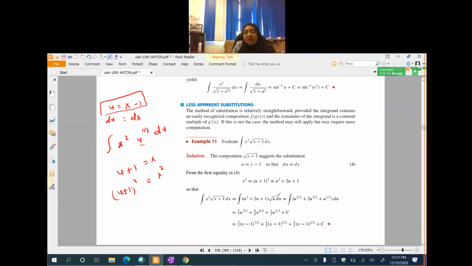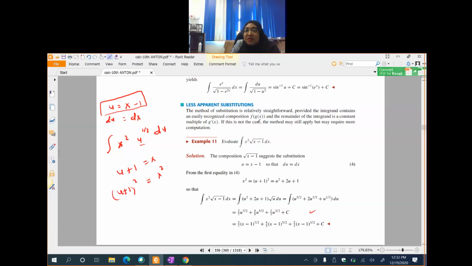Then you can multiply each of the components. So you get u to the power of 5 divided by 2, plus 2u to the power of 3 divided by 2, and then u to the power of 1/2, du. And then each of the terms can now be solved by using the power method. Just power method. So that's it. It's not difficult.